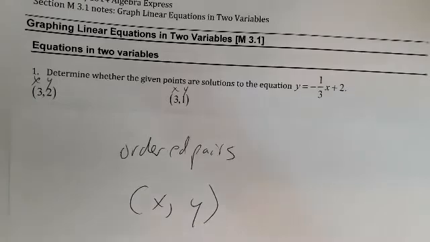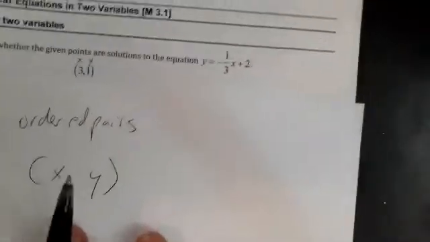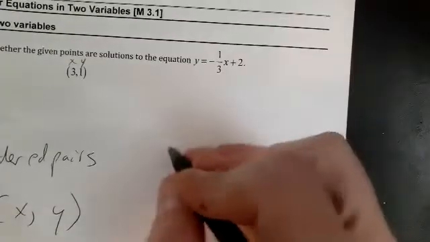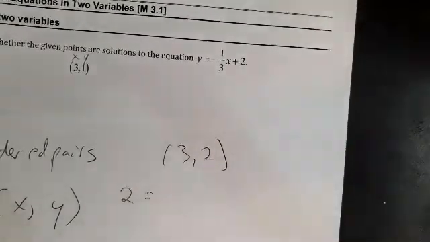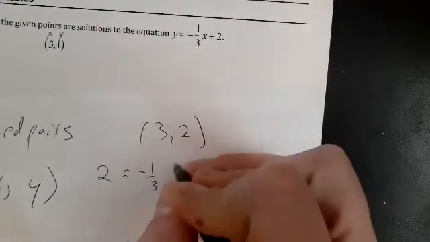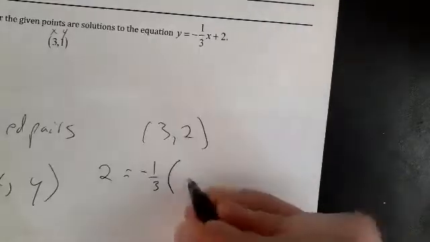So if we take 3, 2 and plug it into this equation, 3 comma 2, the first thing I see there is y. So my y value for 3 comma 2 is 2. I have a negative 1/3, and I have to multiply that by x, which is 3.